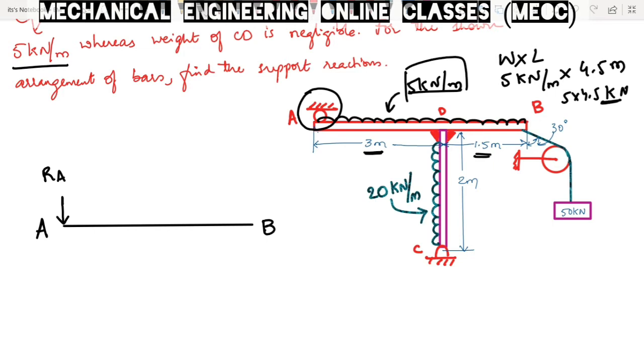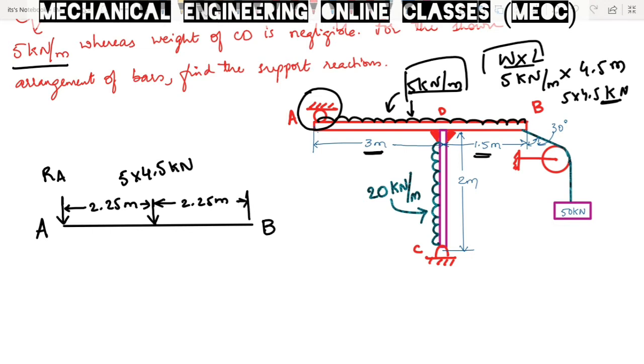And this resultant will be acting at the midpoint of AB, means at 4.5 meter by 2 from A or B. So that is nothing but 2.25 meter. The total weight of AB will be acting, which is 5 into 4.5 kilonewton, where this is 2.25 meter and this is also 2.25 meter.